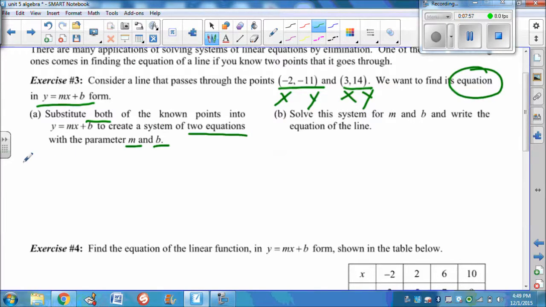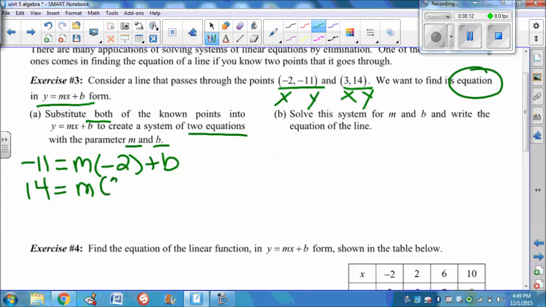So I would start off and say negative 11 equals m times negative 2, plus b. And then the other one would be 14 equals m times its x plus b. So right now I've got a system of equations. Now it says solve this system for m and b, and then write the equation of the line.